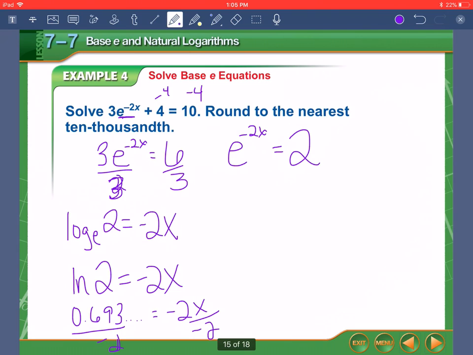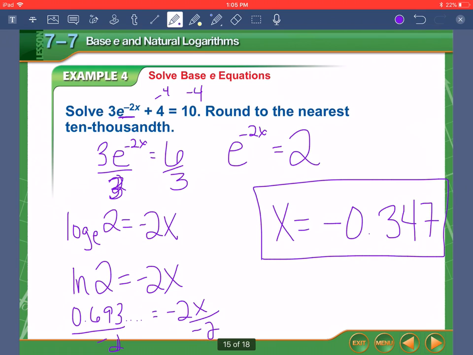And in the calculator I haven't rounded or anything yet, so now I'm going to put in that decimal divided by negative 2, and I end up with x equaling negative 0.347, and we round to 3 decimal places. So there we go. This says 10 thousandths, but we're just going to go thousandths place because that's what they use on the AP test.